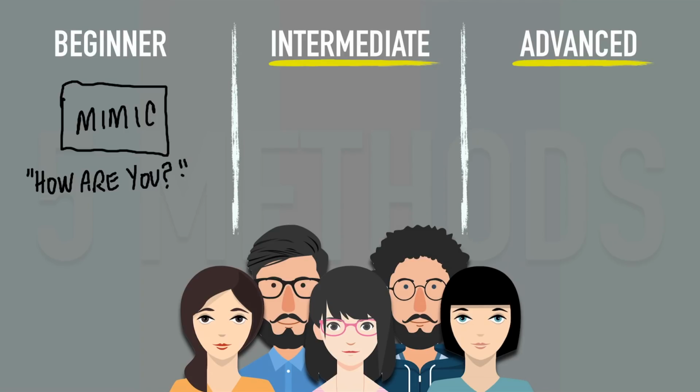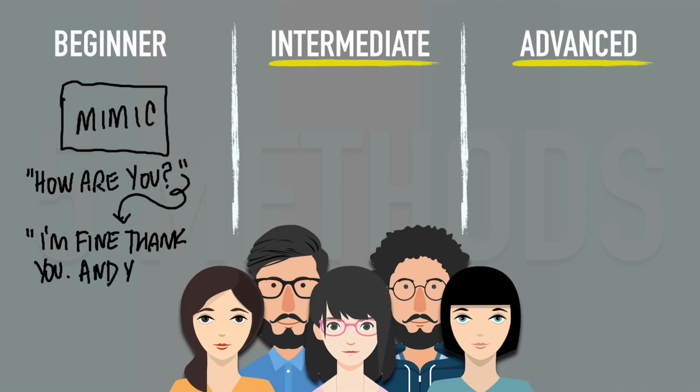And what's the response? Many students that are beginner learners learn, I'm fine, thank you. And you? You see, as a beginner learner, you just learn things to copy. This is what the beginner learner learns.